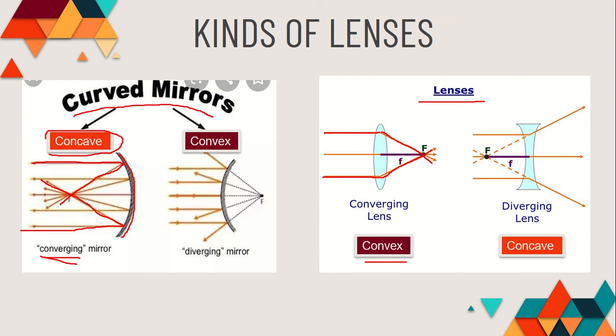Pero dito, sa concave mirror, nangyayari yung converging. Pero ang convex mirror naman, siya yung nagda-diverge. Kunwari, ito yung convex mirror, ito yung light, tatama dito, pero magda-diverge. Walang converging. Ibig sabihin, parang nadi-diffuse.